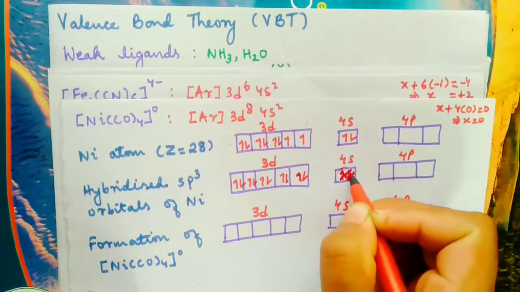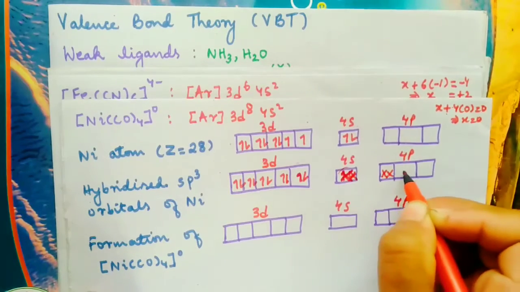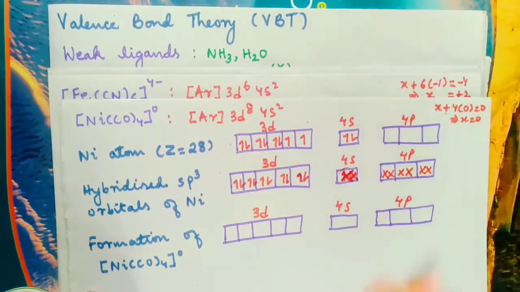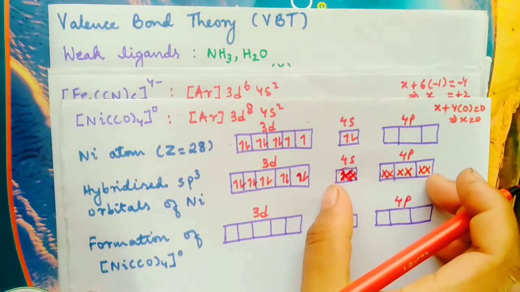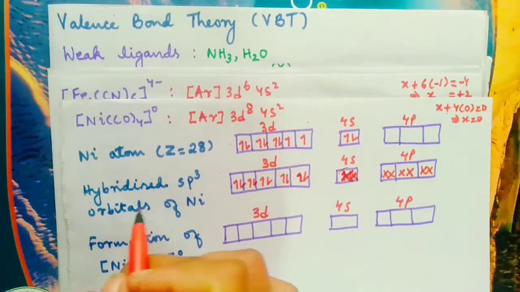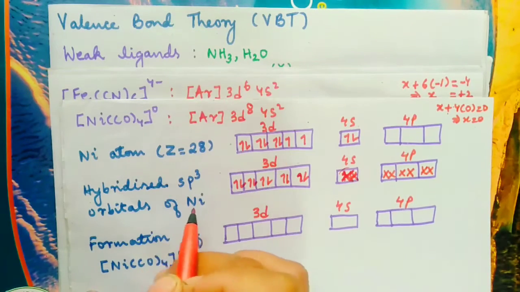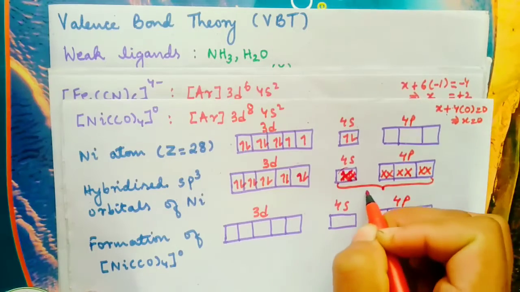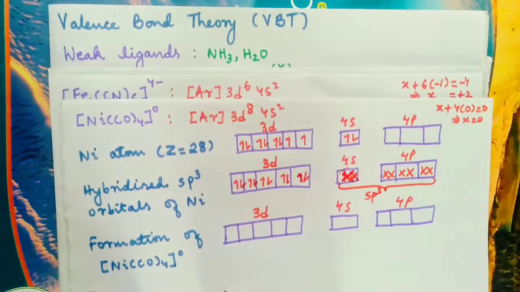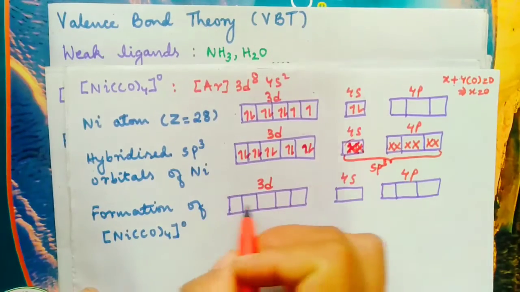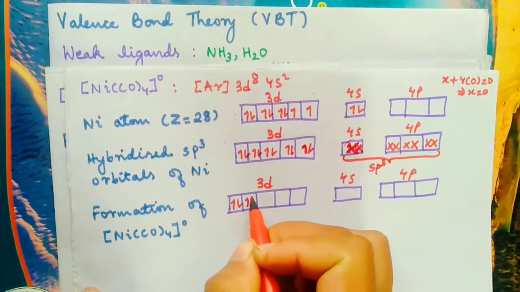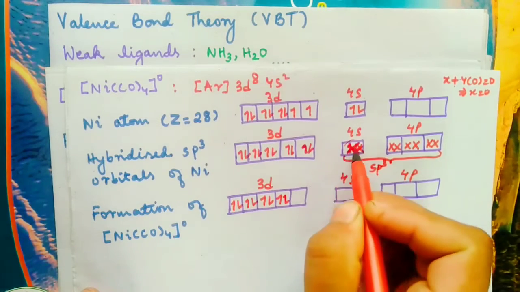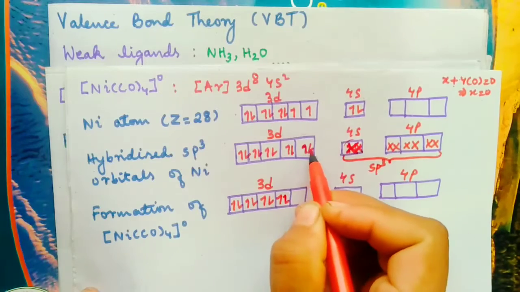1, 2, 3 and 4. So there are four empty sp3 hybrid orbitals of nickel. So what is the hybridization here? It is sp3. Remember that the electrons from here come here.